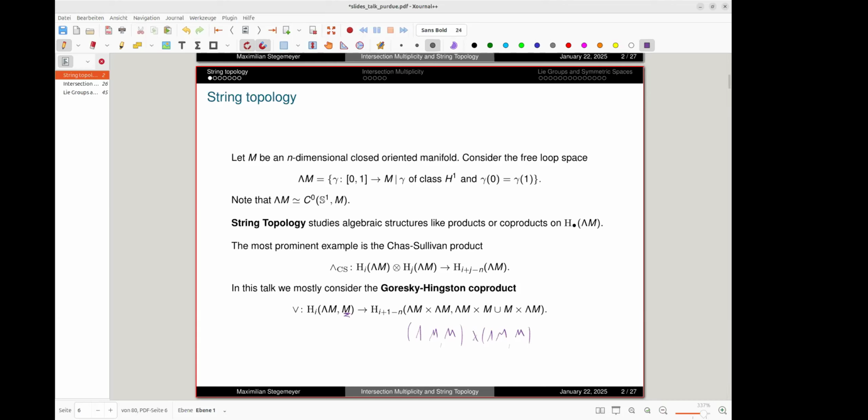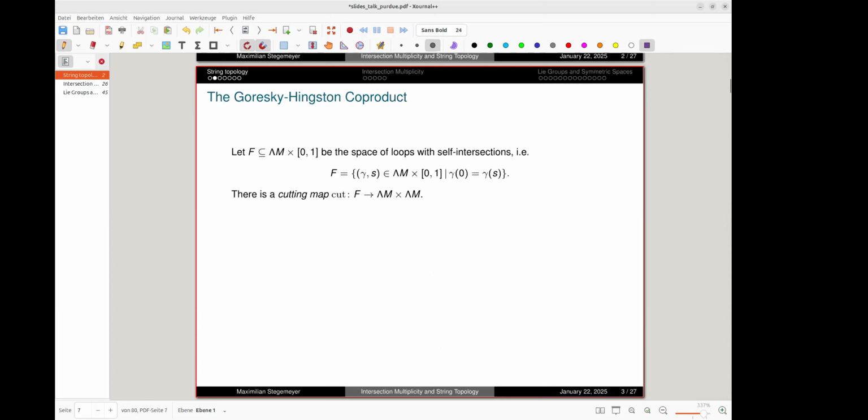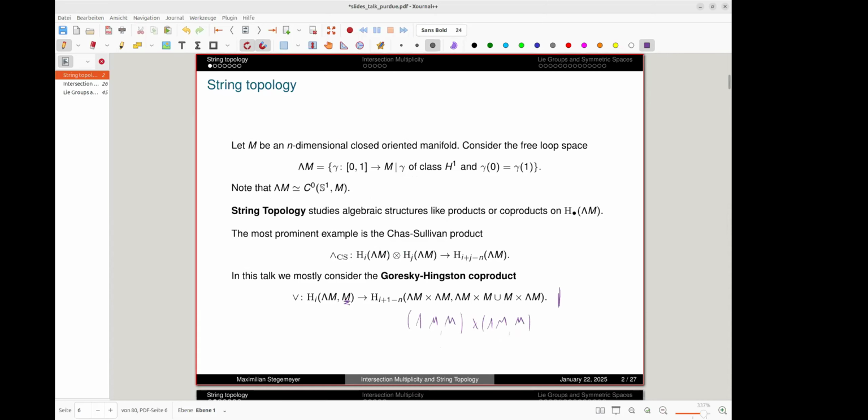Maximilian, a quick question: do we care about what kind of coefficients you are taking homology with? I think I will always make it clear, but I'm not only using field coefficients, that's why I wrote it down this way. Of course, if you have field coefficients, then by the Künneth isomorphism you can go to the tensor product of this homology with itself, and then it looks much more like a coproduct.